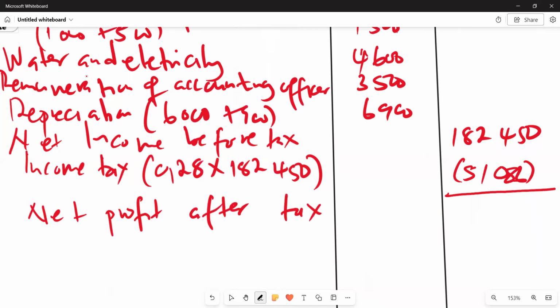You're going to get 131,364. So this is our final figure according to this statement of profit or loss and comprehensive income.